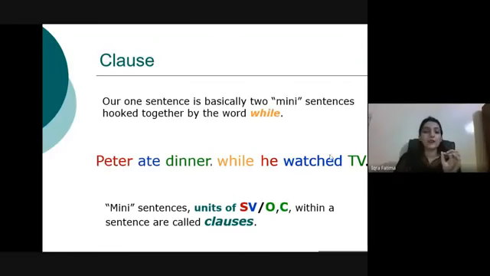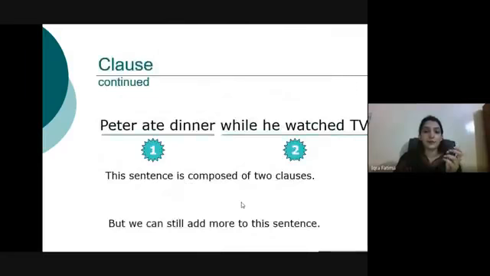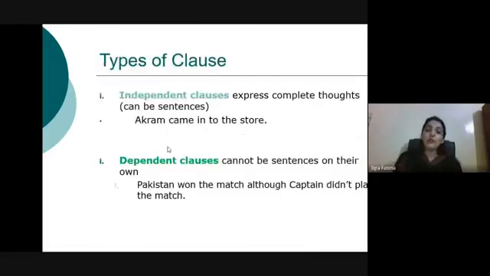Peter is the subject, ate is the verb. He is the subject, watched is the verb. So there could be more than one clause within a sentence. This is an example of a sentence which carries two clauses, and we can add more than two as well.